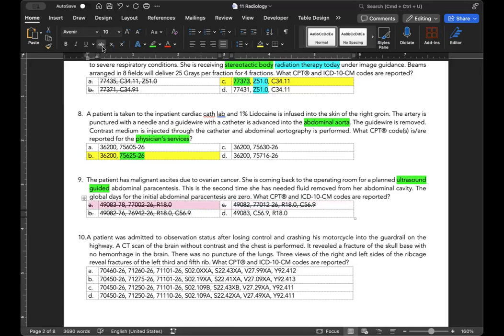So we're going to rule out letter A. Now, the other way that you can rule it out, if you didn't see that parenthetical note, is if we are not within a global period, we do not need a 78 modifier for the repeat or the unplanned return to the operating room during the post-op period. So that's another way that you can rule it out if you know that your 78 is that return to the operating room. Okay. Any questions on that one?